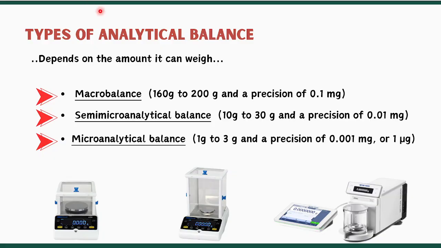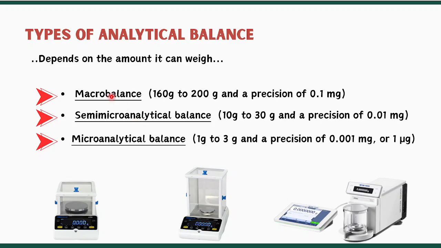Now we have different types of analytical balance depending on the amount that they can weigh. We have the macro balance, the semi-micro analytical balance, and the micro analytical balance.